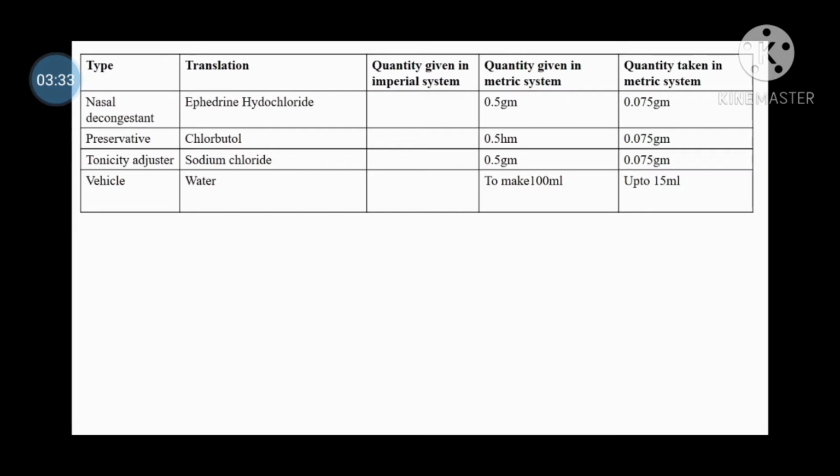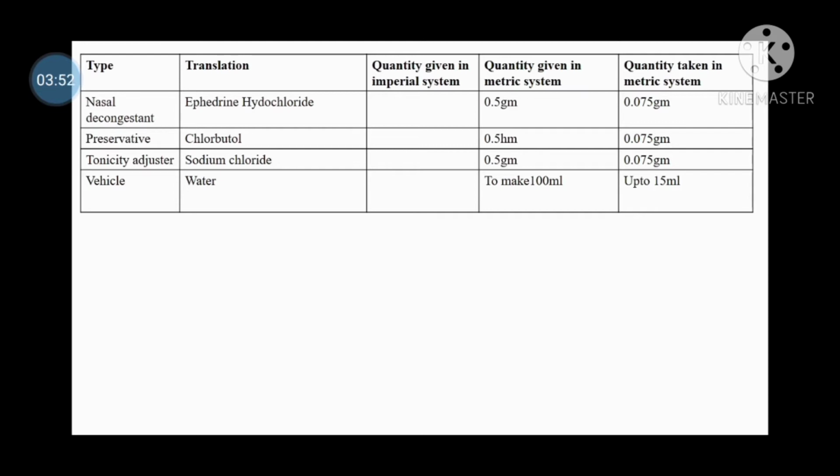Then chlorbutal, which is used as a preservative, is used in 100 ml of preparation, 0.5 gram, and for 15 ml of preparation it will require 0.075 gram. Then sodium chloride, which is used as a tonicity adjuster as well as a cleansing agent.